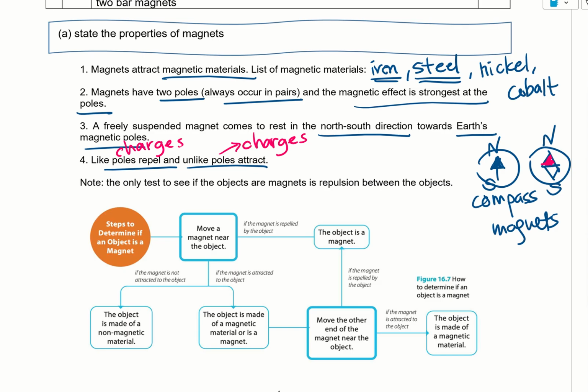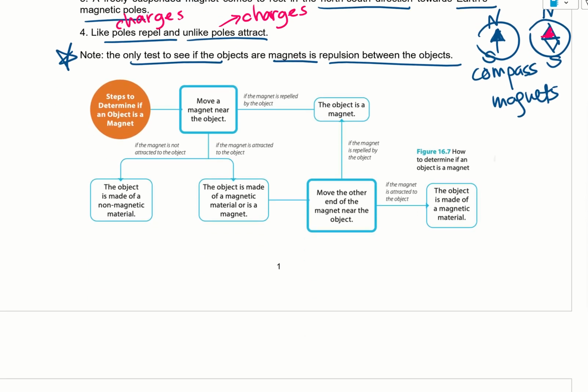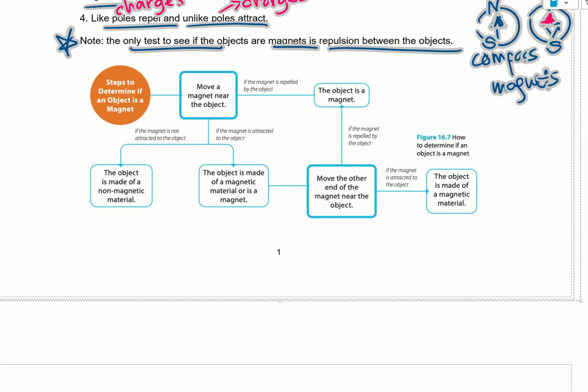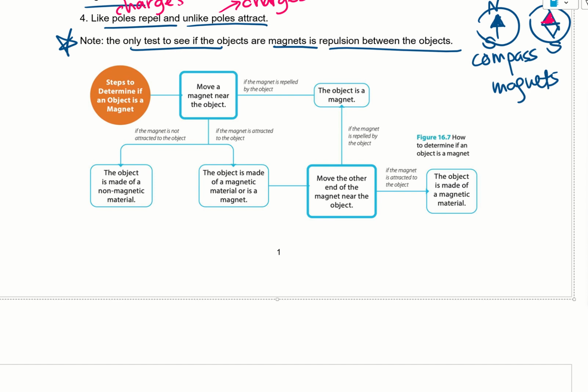The next statement is very important. The only test to see if the objects are magnets is repulsion between the objects. So what do we mean by that? This is the step to determine if an object is a magnet. We move a magnet near the object. I don't know whether it is a magnet or a magnetic material.